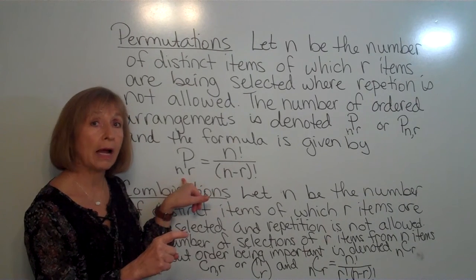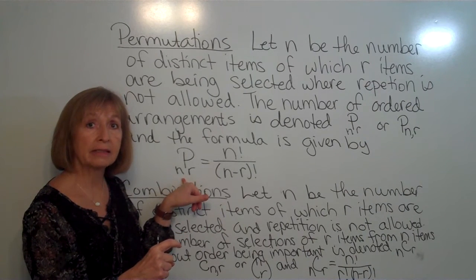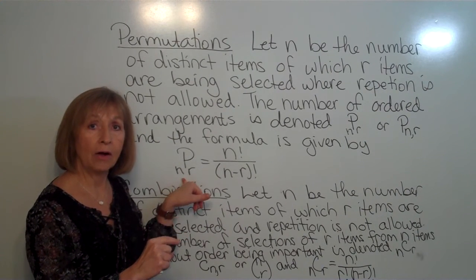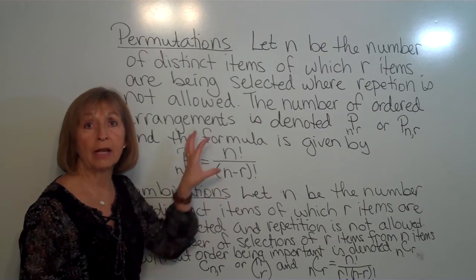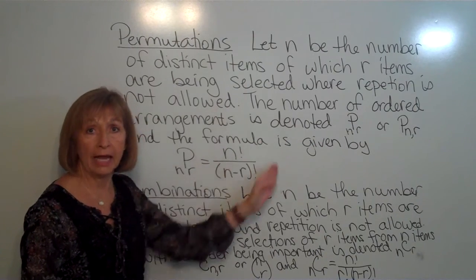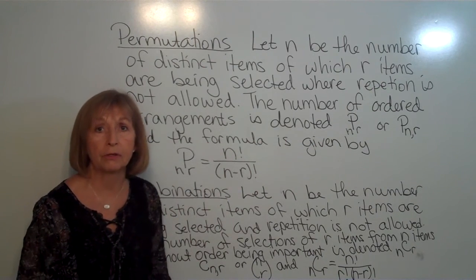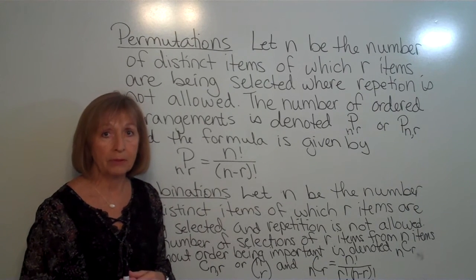You cursor right to the PRB choice, and then select nPr, push enter, and then put in your r number and push enter, and it will do this formula for you and give you the value, and you wouldn't have to do the expansion with your factorial notation. I'll talk about that when we get to an example.